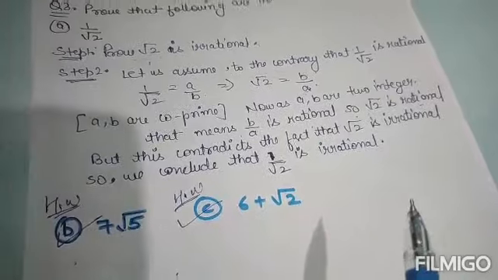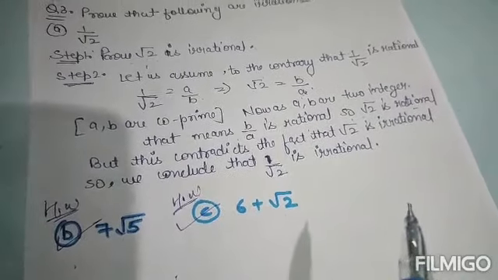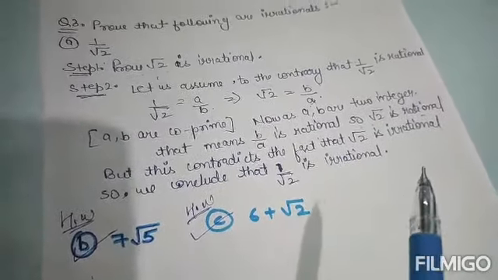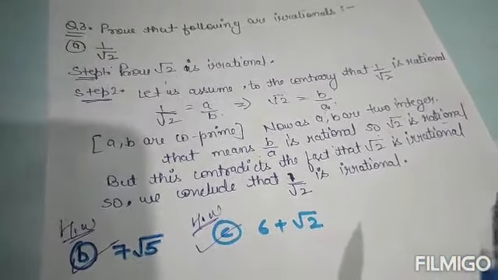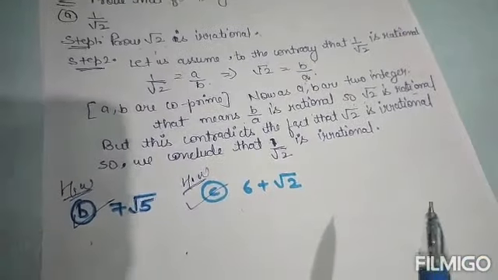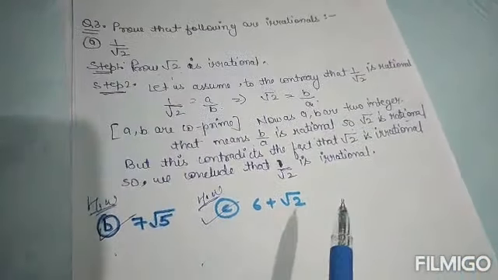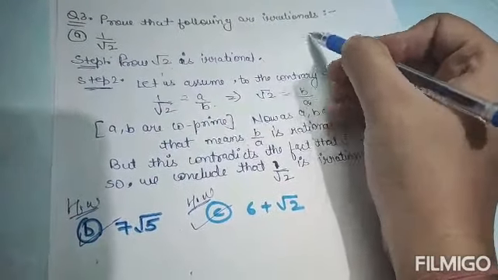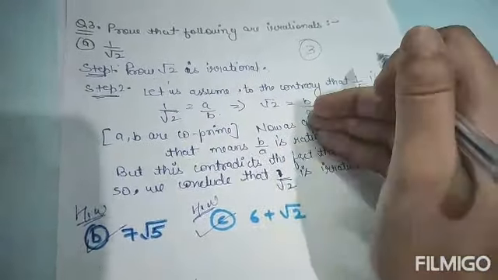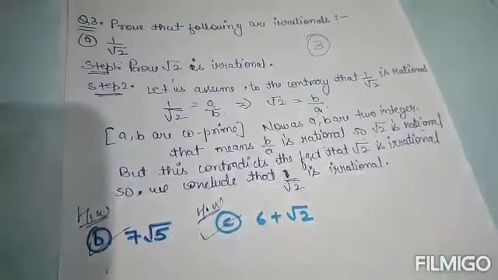This is the most important exercise of this chapter 1. A 3 marks question comes in an exam. This is for sure, a 3 marks ka question from this exercise comes in your exam.